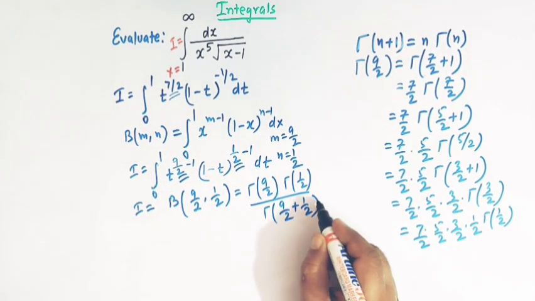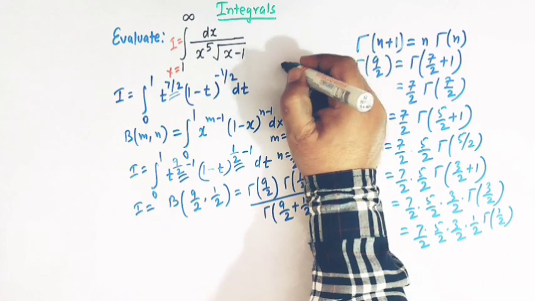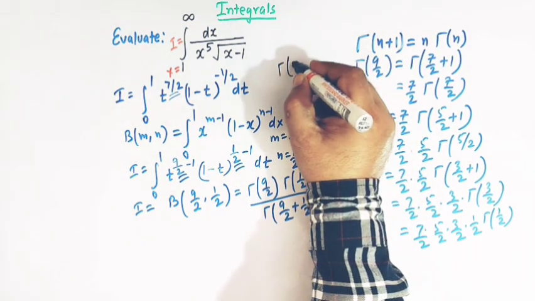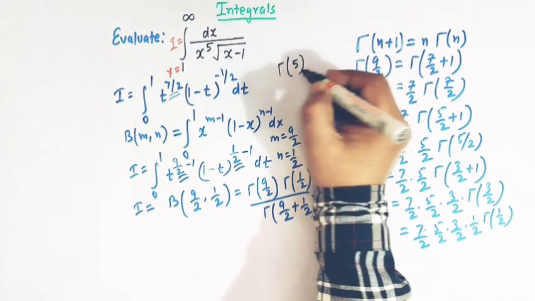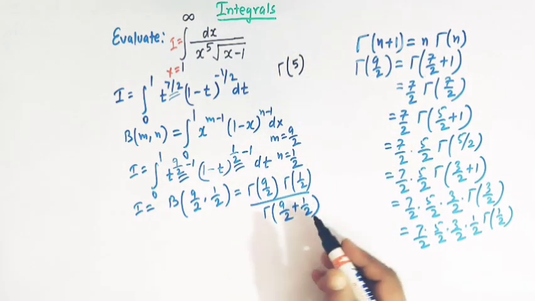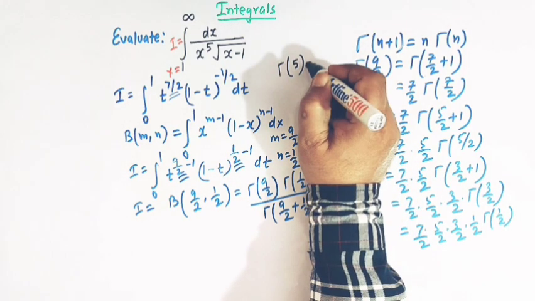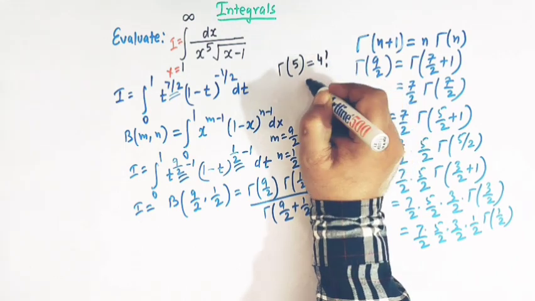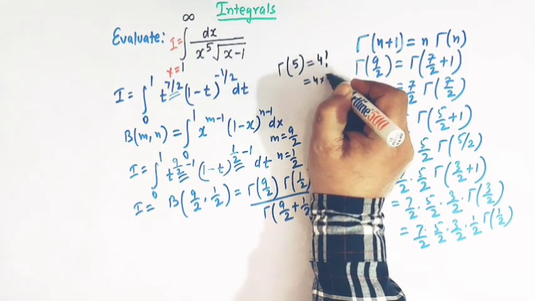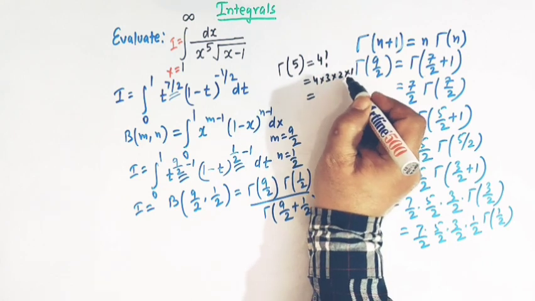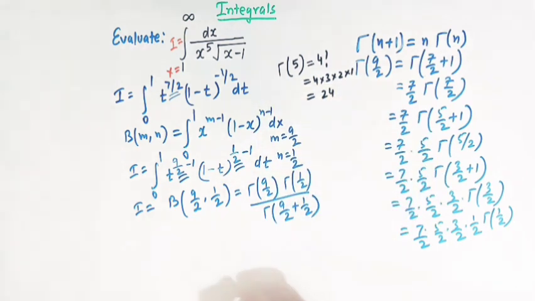And now in the denominator we have gamma of 9 by 2 plus half, that is equal to gamma of 5, right? 9 plus 1, 10, 10 over 2 is 5, right? And gamma 5 is equal to 4 factorial, right? So 4 factorial is 4 times 3 times 2 times 1, that is 4 3s are 12, 2s are 24, right?